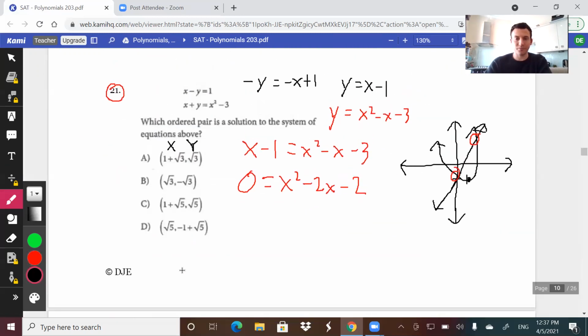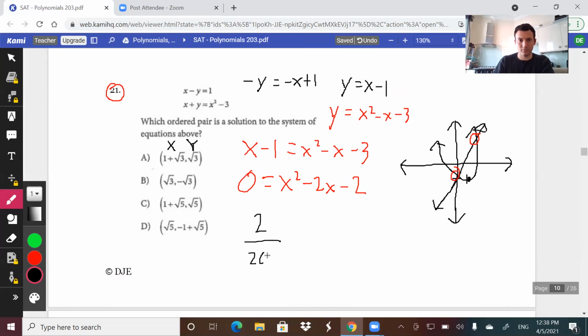So anyway, if we put this into the quadratic formula real fast, again we'll go -b, so that's going to be 2, over 2a, so that's 2 times 1, right? Your a is 1, plus or minus b squared, which is -2 squared, minus 4 times a, which is 1, times c, which is -2, all of that over 2a, which is 2 times 1.